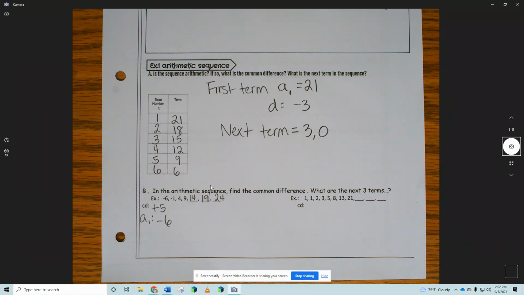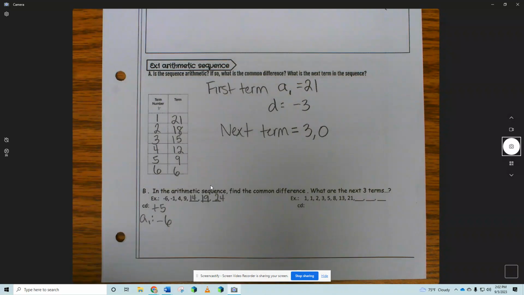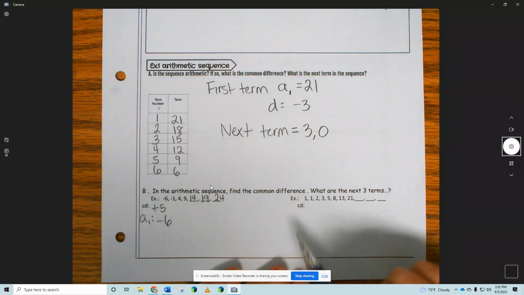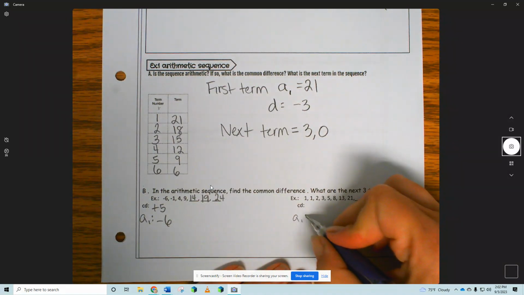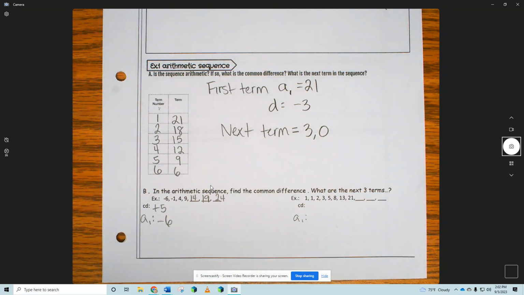Okay. Do you think that you figured out what the pattern is? Yeah. Okay. Table 2 had good conversation. Table 2, tell me what you're thinking. What's the common difference? Like, how do you get from one to the next? You guys were talking about it.